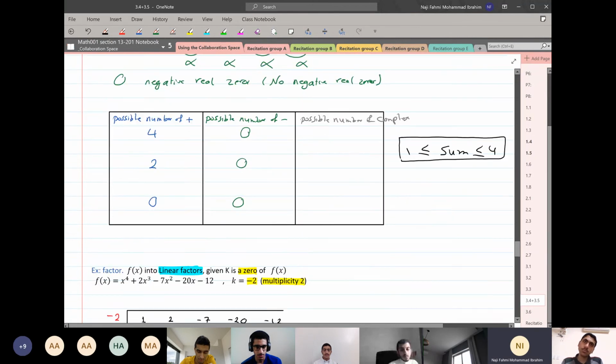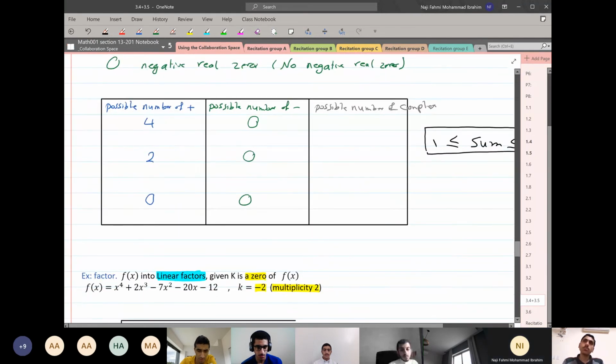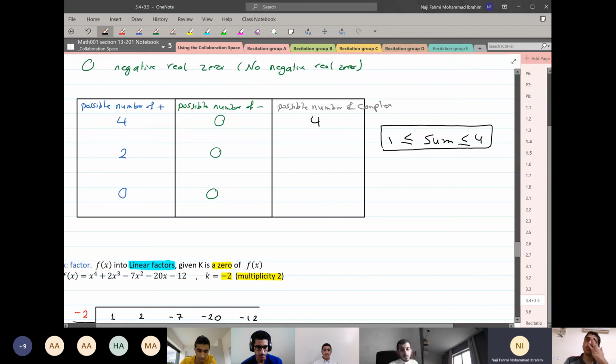Now, can I have this case: 4 positive, 0 negative, and 4 complex? No. This is impossible, because the sum will be more than 4. Can I have this possibility, 4, 0, 0? Yes, I can.